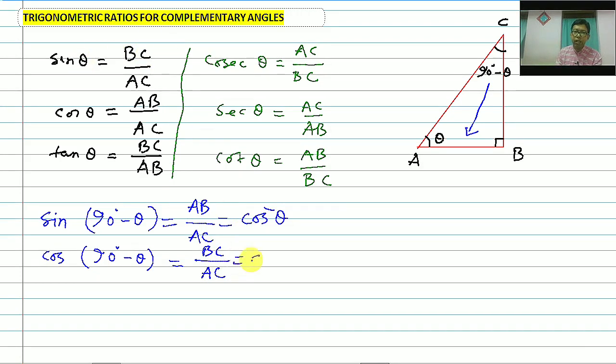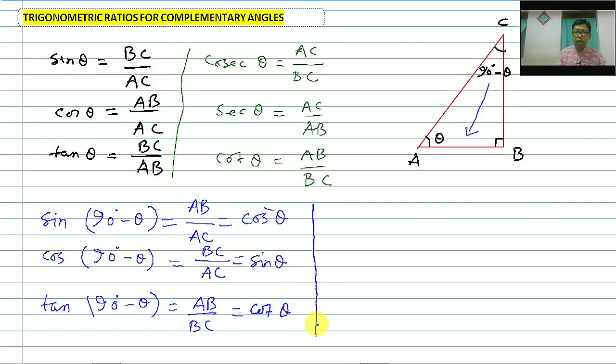And finally tan of 90 degree minus theta. Tan of 90 degree minus theta is height divided by base. That means AB divided by BC. AB upon BC is equal to, from this chart, cot theta. So tan 90 degree minus theta is equal to cot theta.